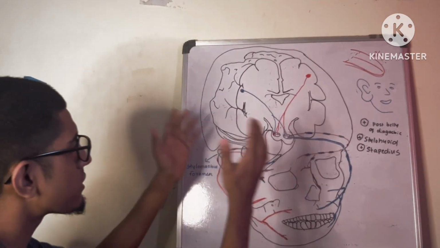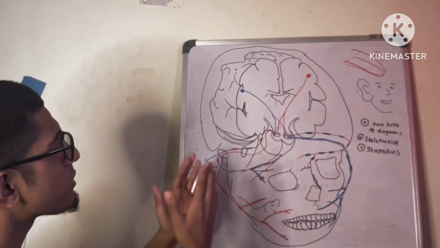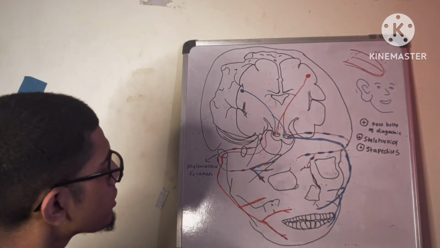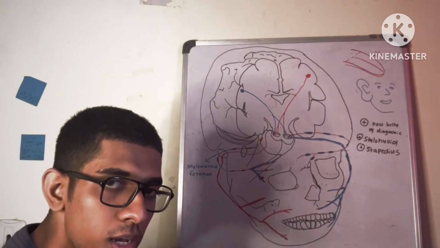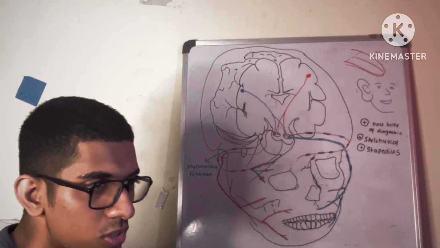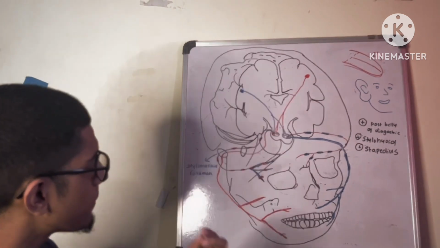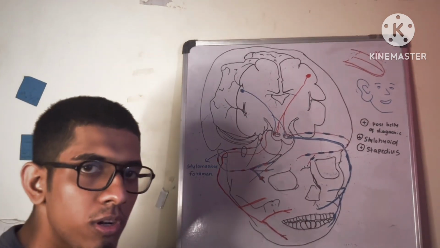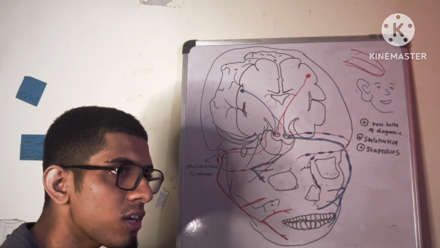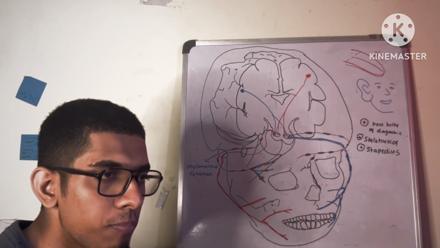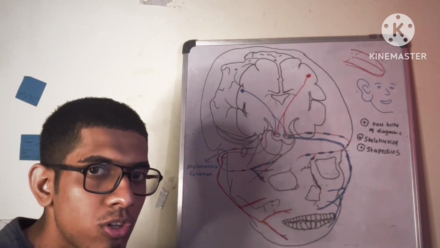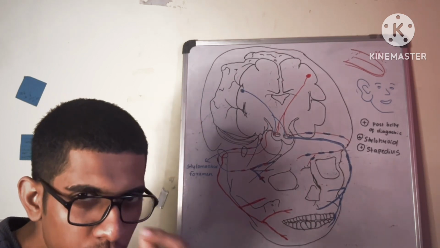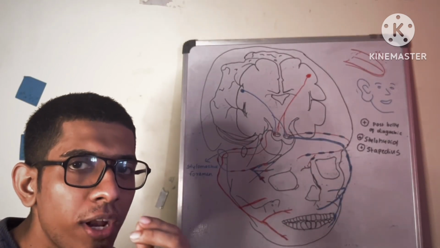This is a map of the facial nerve. The facial nerve is not just supplying our facial muscles. That is just the motor branch. There is another very important branch you need to understand: the sensory supply to the anterior two-thirds of the tongue. The taste sensation comes from a branch of the facial nerve called the chorda tympani.